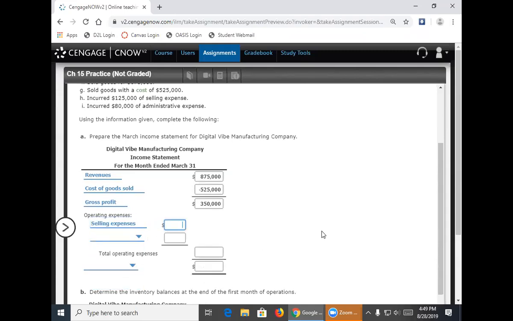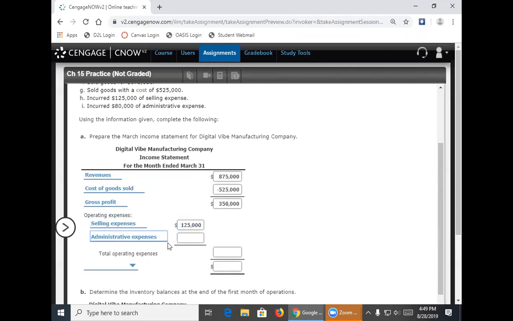So we have selling of $125,000 and administrative of $80,000. Again, those operating expenses are your period expenses, or period costs. We add those together, total operating expenses of $205,000.